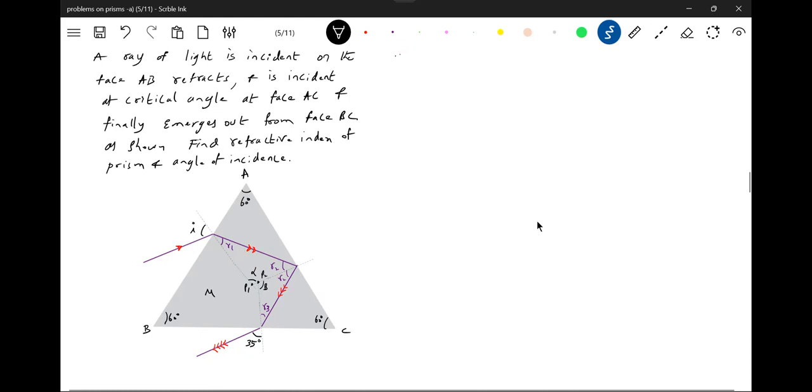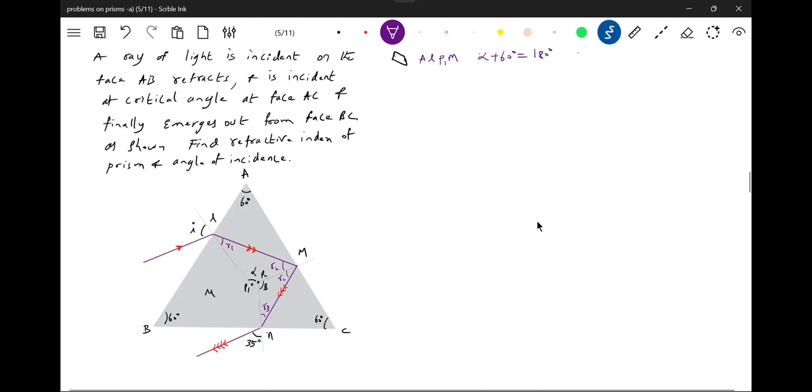From the cyclic quadrilateral, this is N, LMN we'll use instead. So in the quadrilateral ALP1M, alpha plus 60 equals 180 degrees.